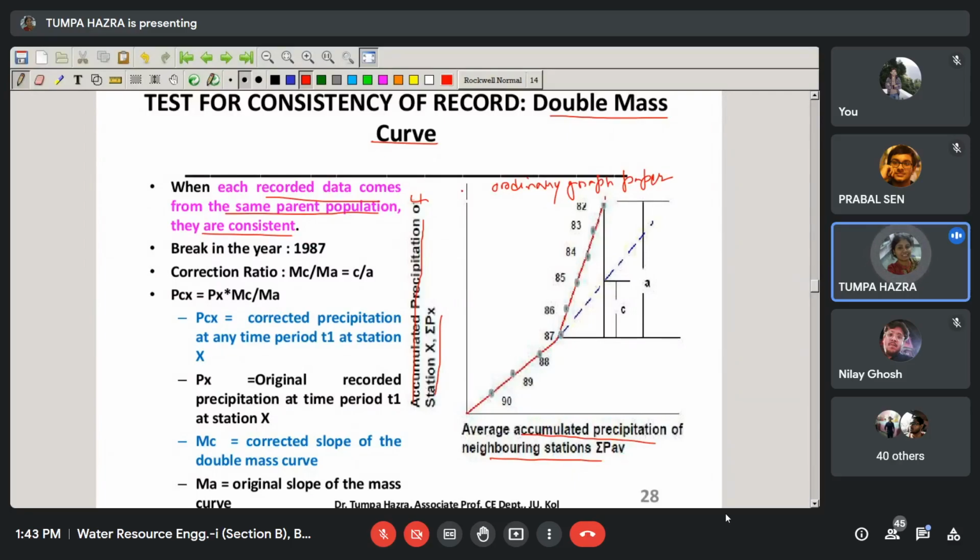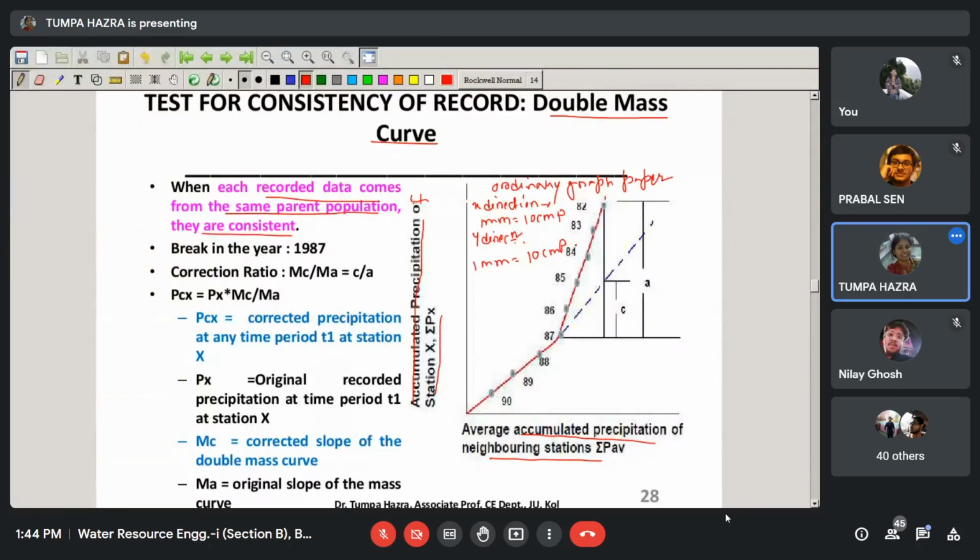Whenever you plot on any graph sheet, always write the scale. In the x direction, 1 millimeter is equal to, let us consider, 10 centimeter precipitation, and in the y direction also 1 millimeter is equal to 10 centimeter precipitation. Otherwise, you will not get the full marks. It is usual practice also; in the field also you have to do that.